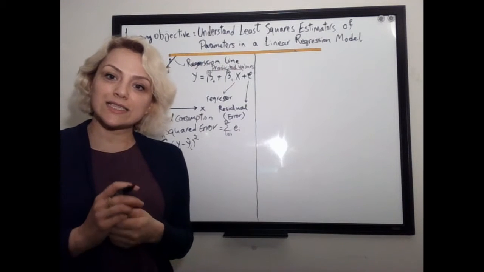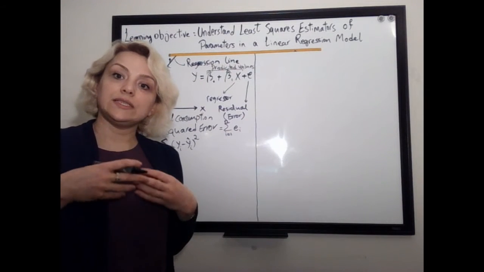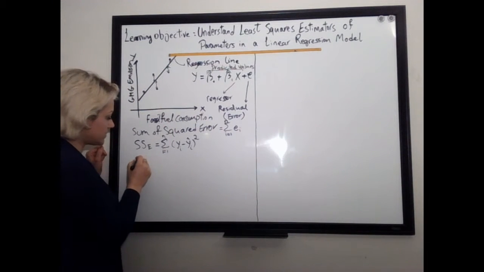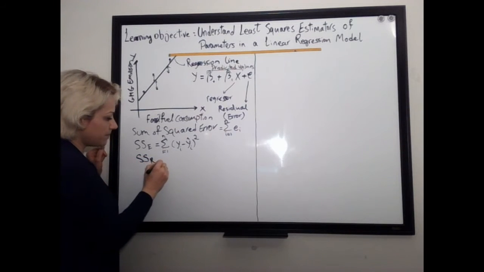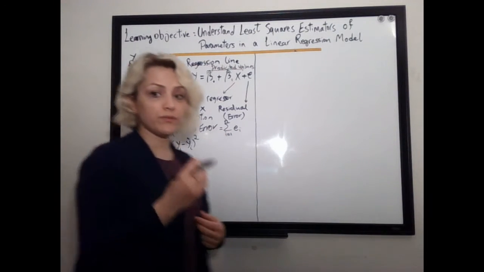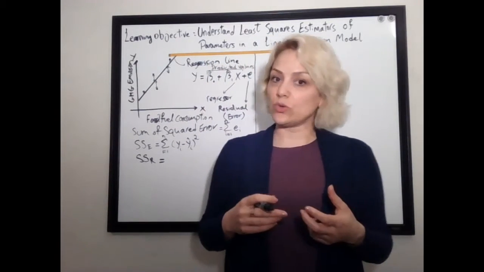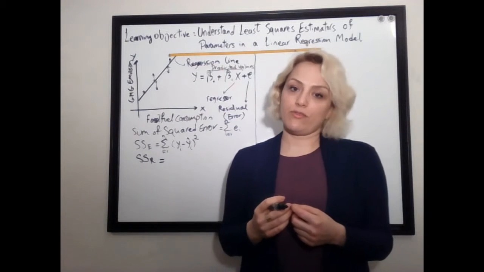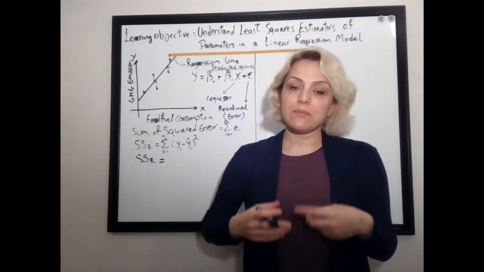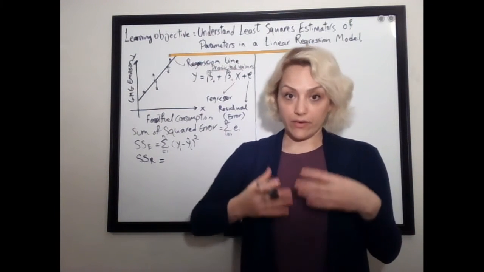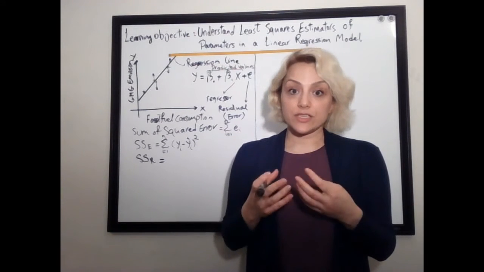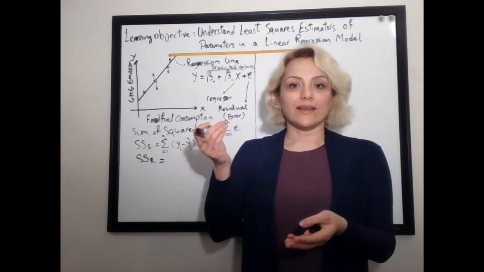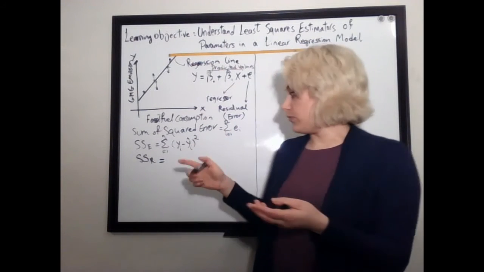The next thing is the sum of squares due to the regression. Because this is my regression line, I would write sum of squares due to the regression equal to the y estimate minus the mean value of y. The reason we use the mean value of y is that y is our observed data, and the average of that observed data would be the closest value to reality when we work with the regression.